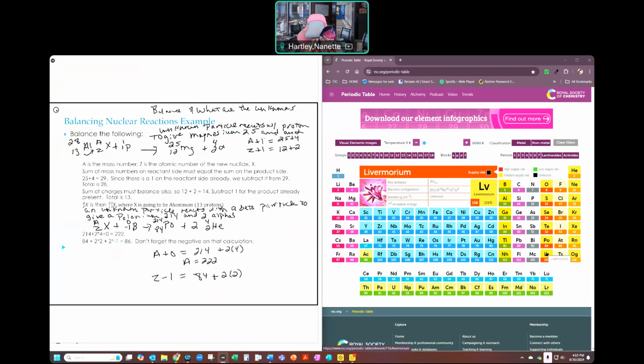And that gets me 89. So Z is equal to 89. Because again, when I move all of this over, it's 84 plus 4 plus 1. Because when I subtract the negative, I end up with adding 1 to it. So that's 89. 89, looking at my table, is going to be Ac. Okay.